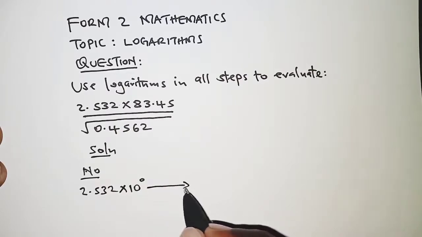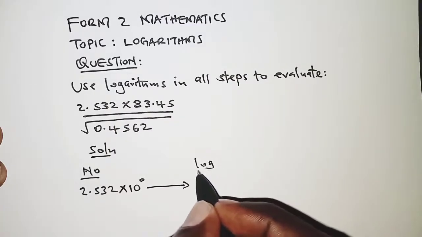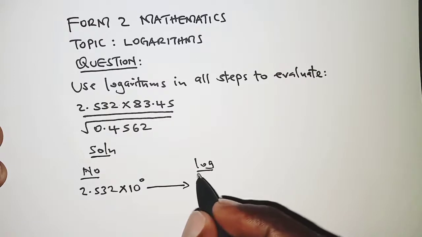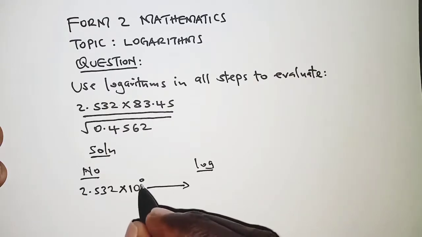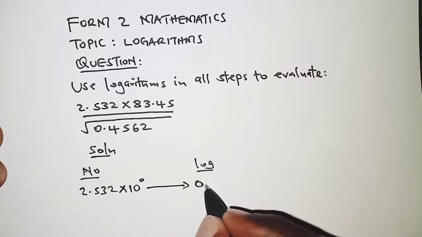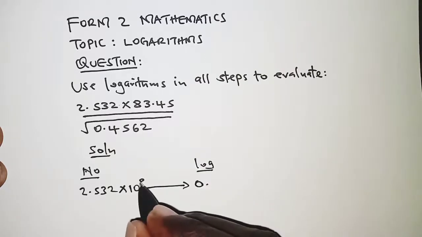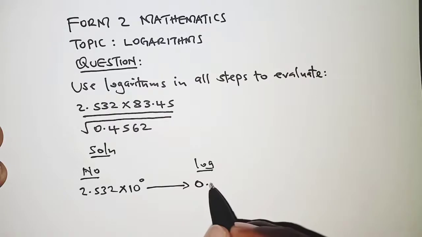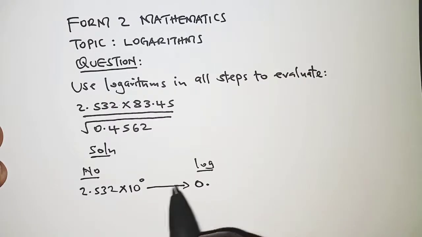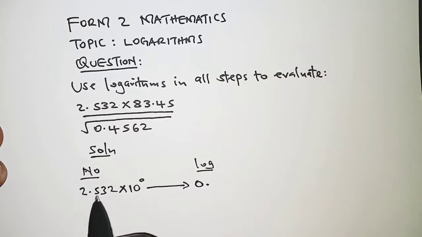So we need to make a column for logarithms. So in order to get the logarithm of this, the first thing is to have the power of 10 as the characteristic. So we have 0 point, and then after the decimal point we are going to have the mantissa, so that we read from the tables.